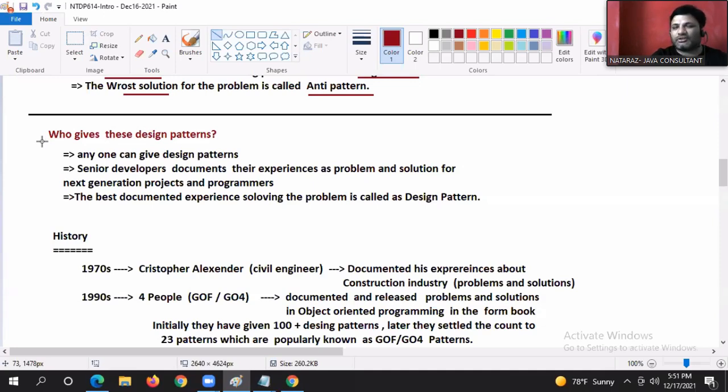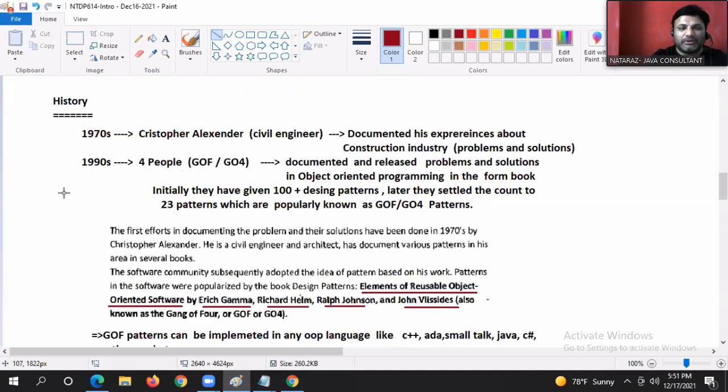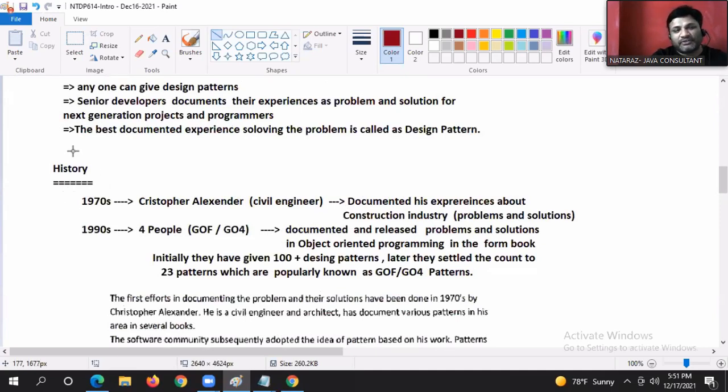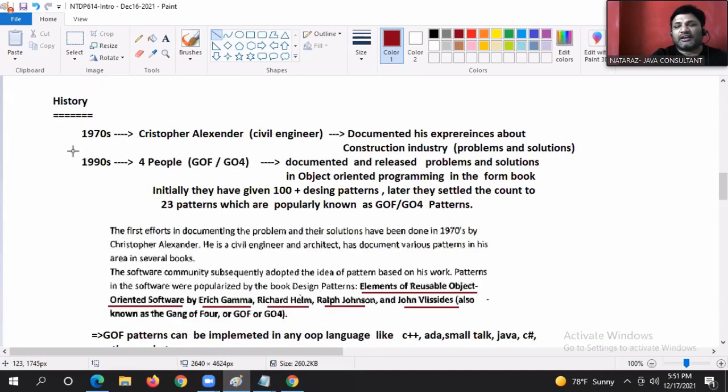Today I'm going to talk about how design patterns came into the picture. I talked about a brief history in yesterday's class. In 1970, there was a person called Christopher Alexander, a senior civil engineer of that time with a lot of experience in the construction industry.